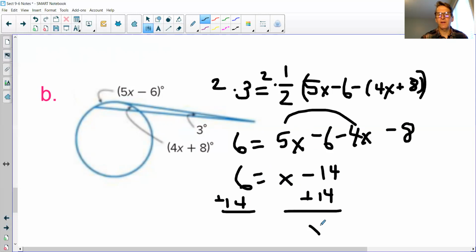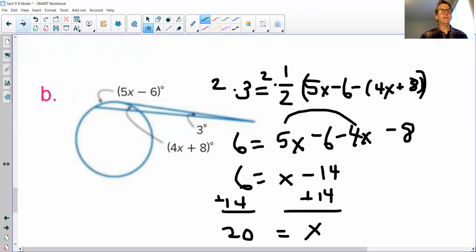You get x is 20. X is 20. So good little problems that are relating to 9-6, which is secants, tangents, and angle measures. Okay, hopefully this was good and helpful to you.